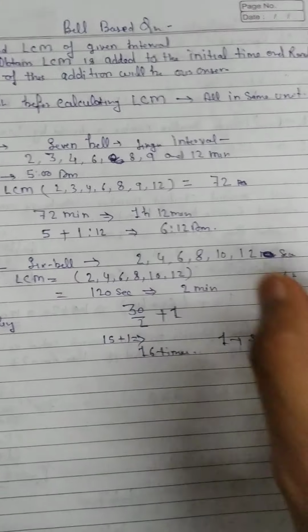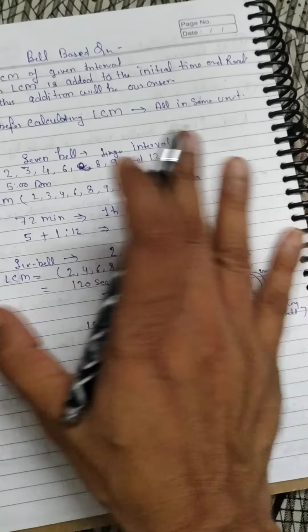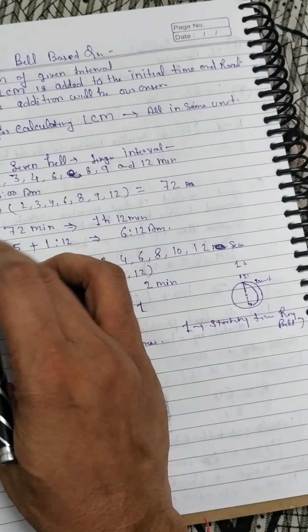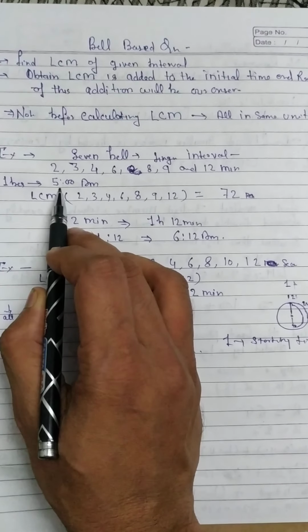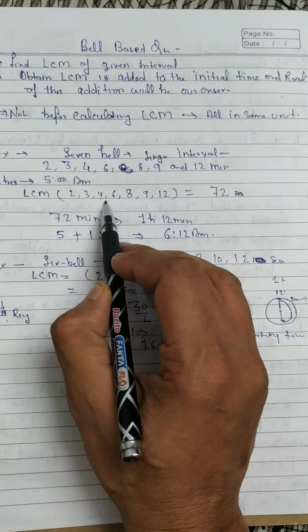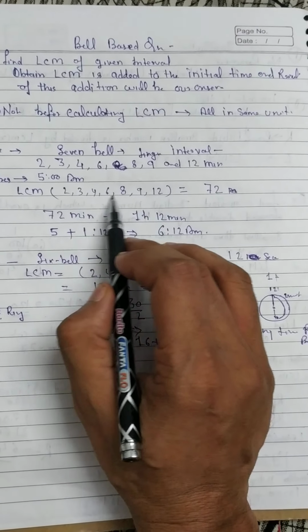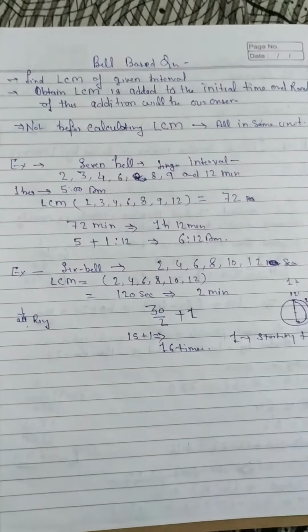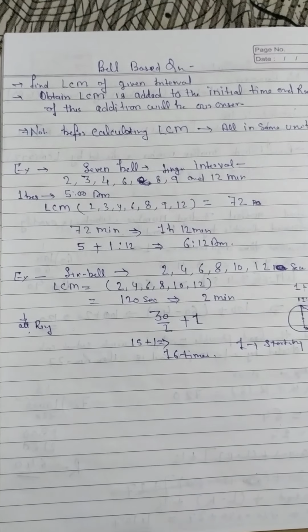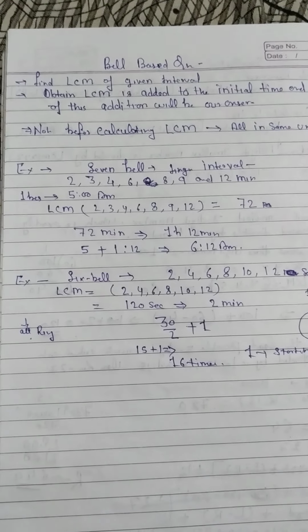So go simple. The first bell started at 5. Take the LCM of 2 minutes, 3, 4, 6, 8, 9 and 12, because all are given in minutes. If they are given in different units, minutes or hours, the first thing you do is make the units the same.